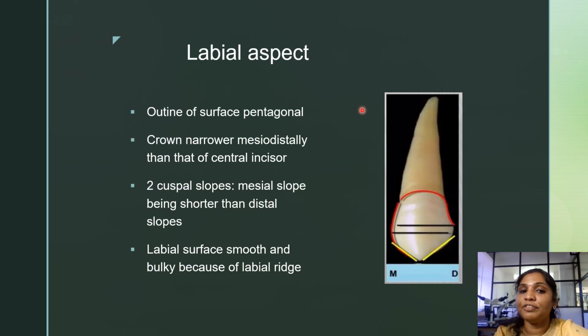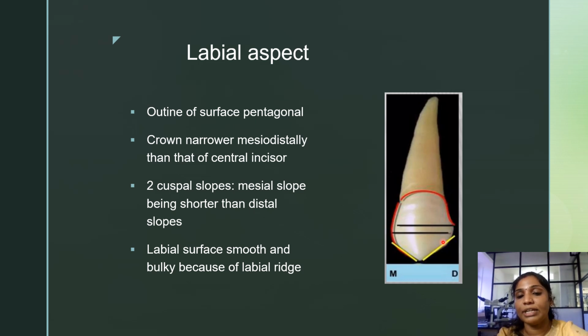About the morphology of the permanent maxillary canine, labial aspect: its outline is roughly pentagonal, and here you can appreciate the pentagonal shape. The crown is narrower mesiodistally compared to that of the central incisor. Here is the mesiodistal dimension, narrower compared to the central incisor.